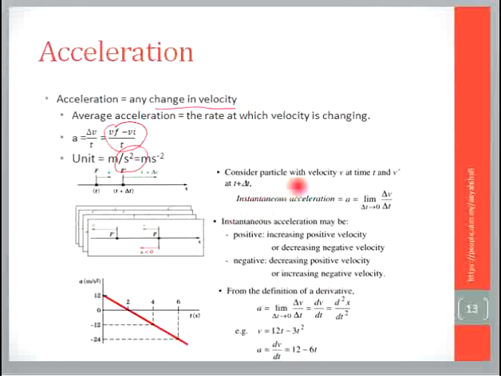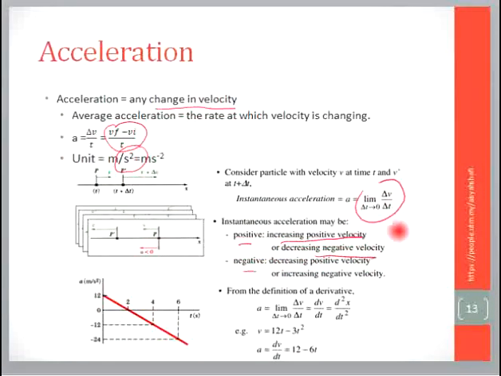So consider a particle which has velocity v at time t and v apostrophe at time t plus delta t. The instantaneous acceleration is this one, and it can be positive or negative.